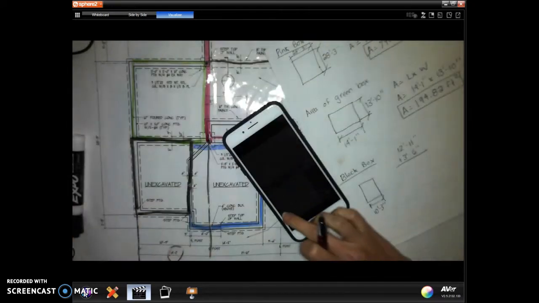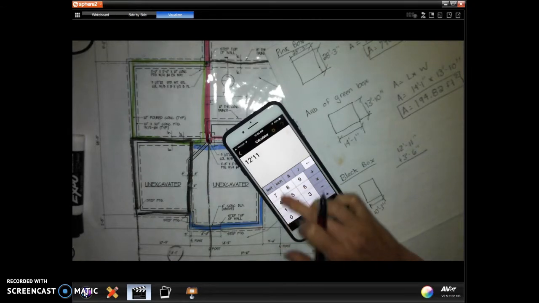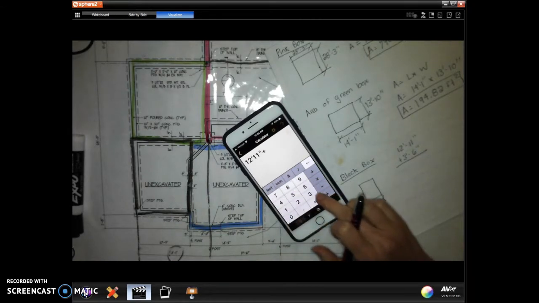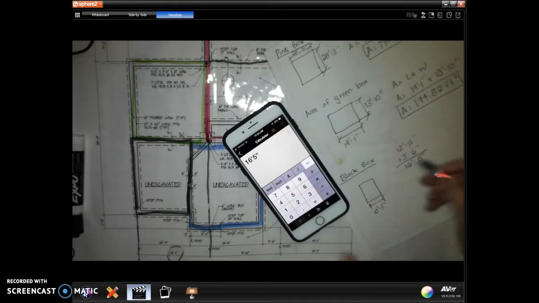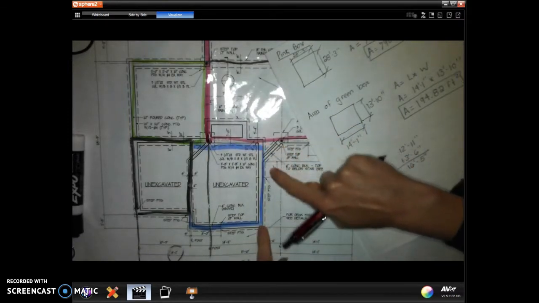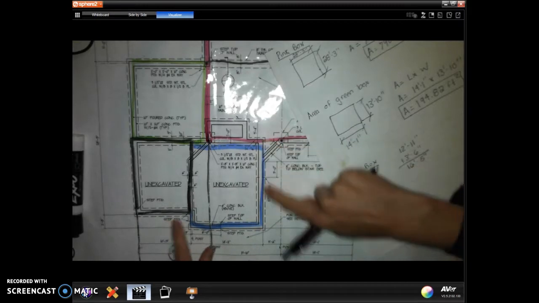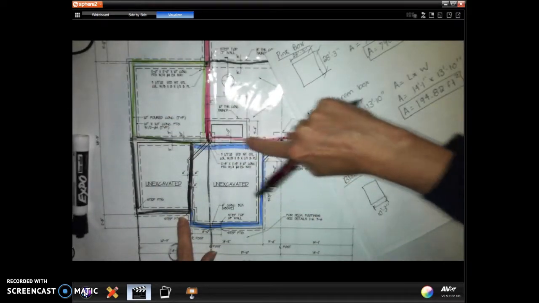So we can do that. 12 feet 11 inches plus 3 feet 6 inches equals 16 feet 5 inches. So that's actually, of the blue box, that's the length. But I need that because you're going to see that this black box starts or ends at the same point as the blue box.